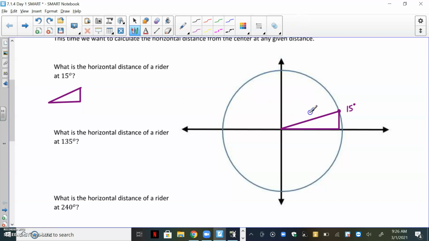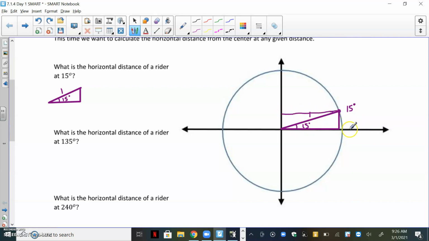For example, we know the hypotenuse is 1. That hasn't changed. We know that this angle is 15 because it's in the first quadrant. We don't need to do anything fancy. And we also know what we're looking for, right? Before we were trying to find this vertical height and we called it y. Now we're trying to find the horizontal distance.